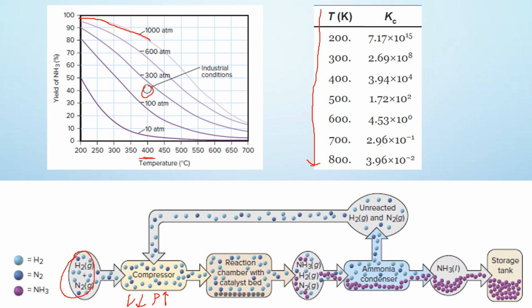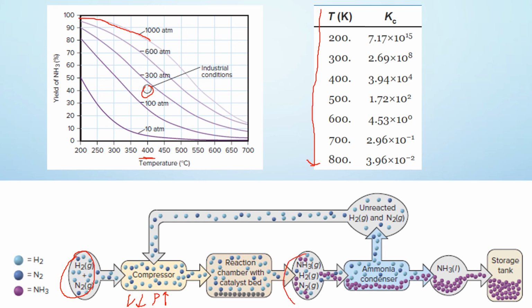And then we add this compressed gas into the reaction chamber. In this reaction chamber, we have some catalyst. For this reaction, a good catalyst is iron-containing minerals, also some metal oxides, which will speed up the chemical reaction.